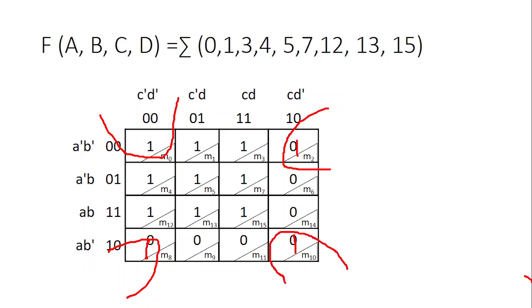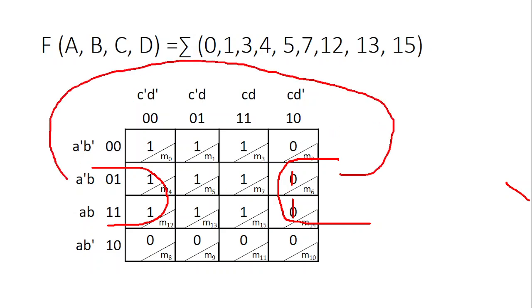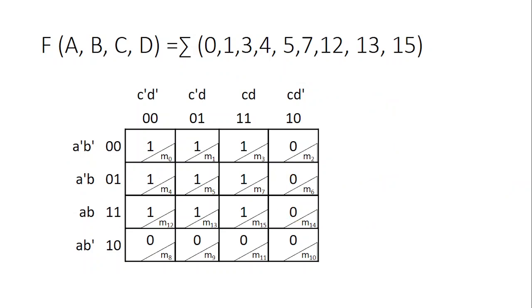It's allowed. Also, if you have the elements 1 over here, you can make the quad from here also. That means you can combine the adjacent value even though they are on the other side. So this is connected actually to the other side.